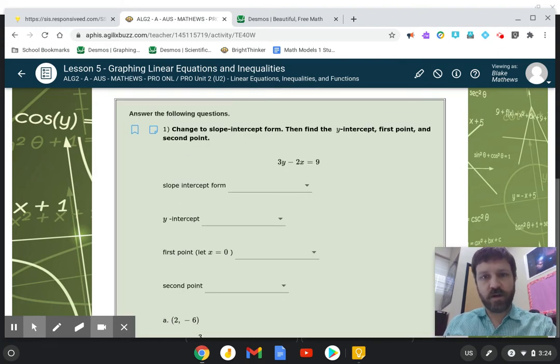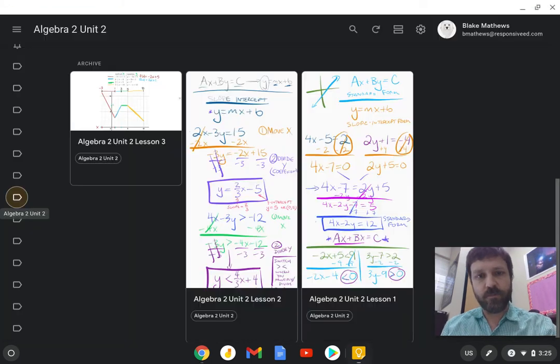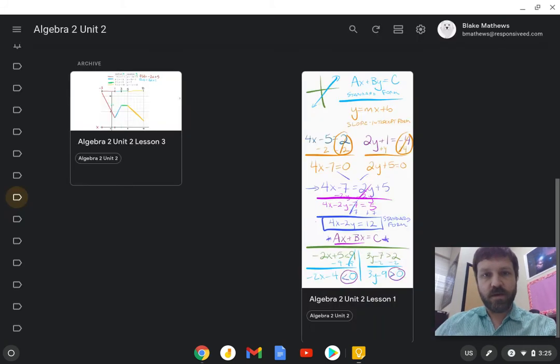So I'll start by talking about one just like this first one. We went over this in lesson 2, but before you're graphing these functions, you need to change them into slope-intercept form. Just as a reminder, jump back to our lesson 2 notes.